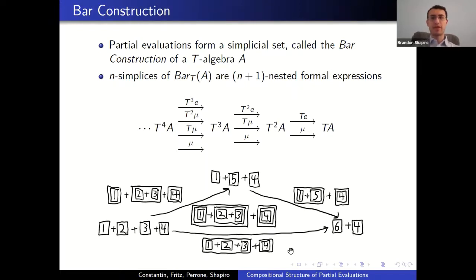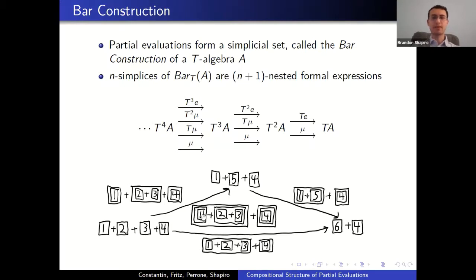What I really want you to think about is this one here, where we have this triply nested expression in the middle. And if we forget the outermost boxes, we get this one here on the left. If we forget the second level of boxes, we get this long one on the bottom. And if we forget the innermost boxes, we get this one on the right.